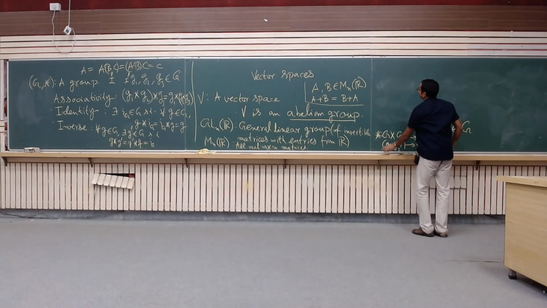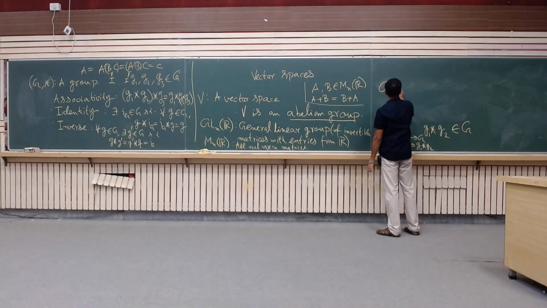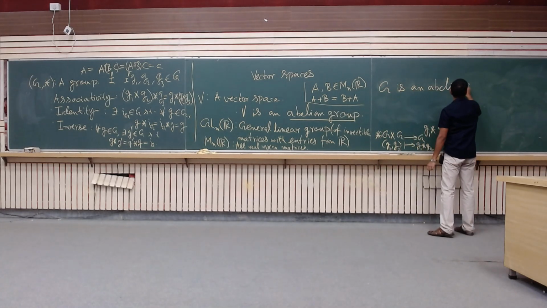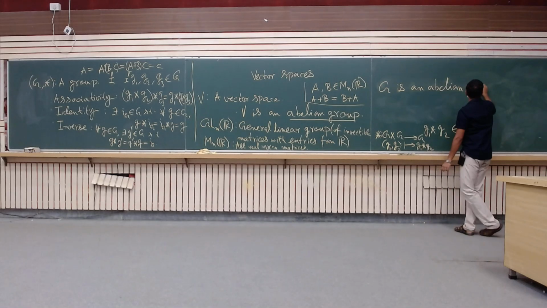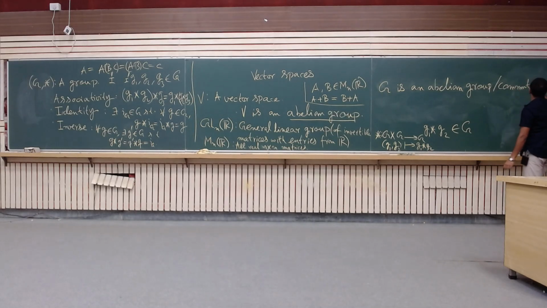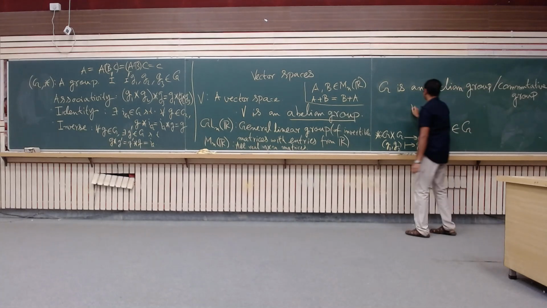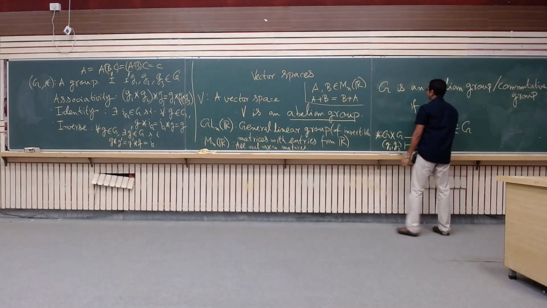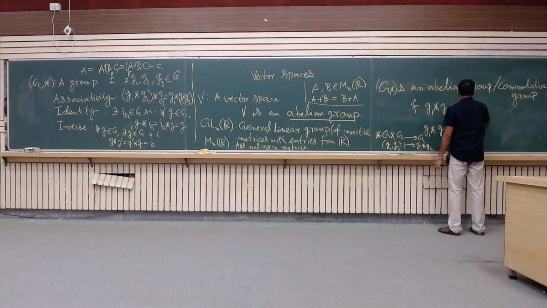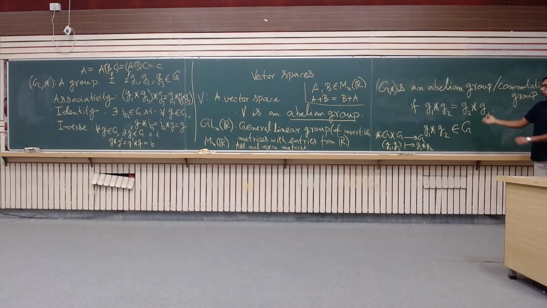So what we want to say here is that G is an abelian group, or a commutative group, if G1 star G2, where G is given with the operation star, is equal to G2 star G1, that is, if it commutes.